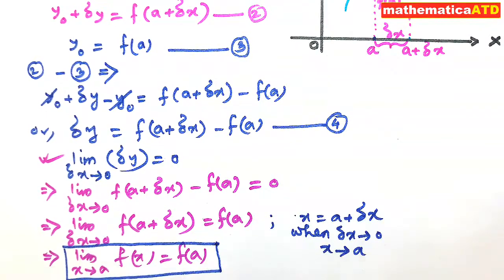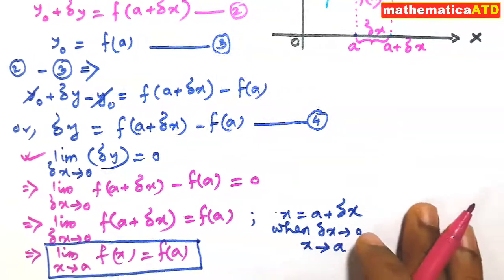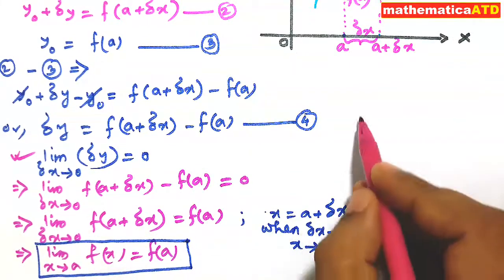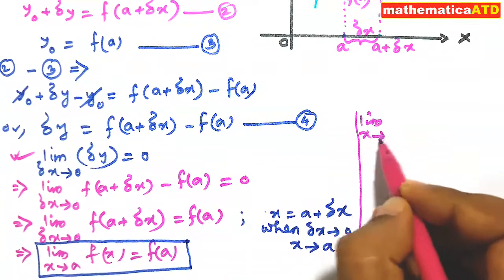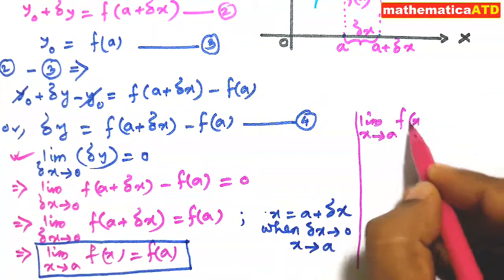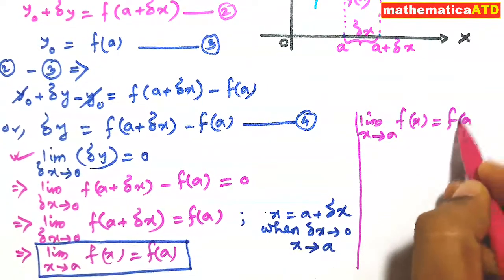Now we shall discuss this one also. Friends, if given increment is positive, that is your delta x is plus h, say, now we consider this one, limit x tends to a of f(x) is equal to f(a).